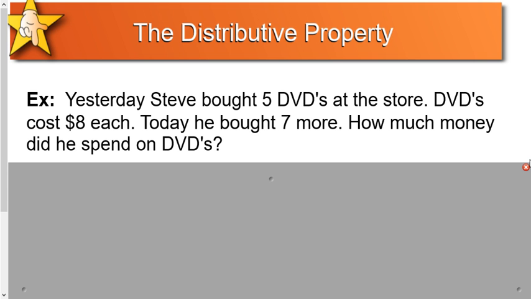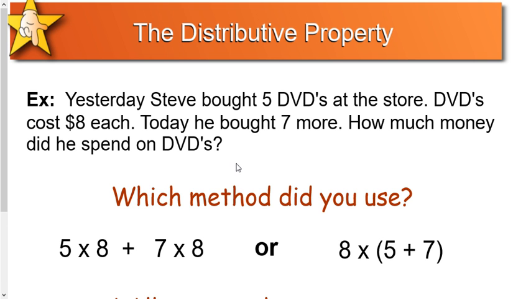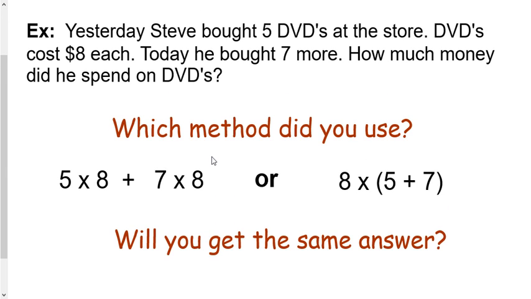So there's a couple of ways of thinking about this, right? You might use one of 2 methods. So the question is, which method would you use when you're trying to solve this question? Would you say, well, he bought 5 of them and they're $8 each, so 5 times 8. And then he bought 7 more, and each is 8, so 7 times 8, and let's add them together.